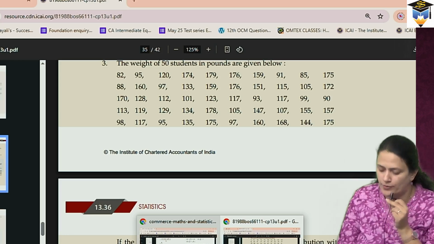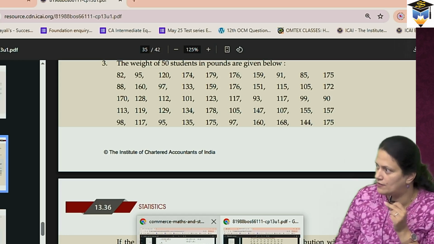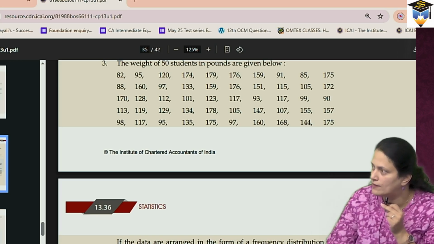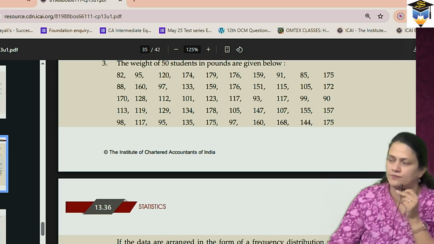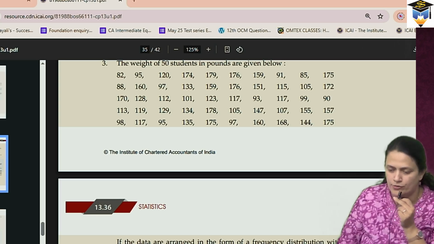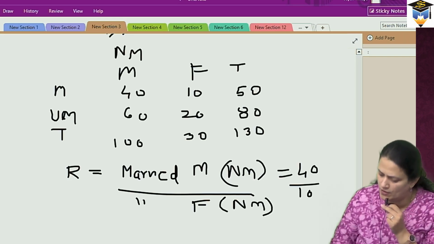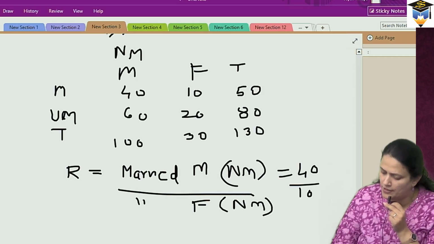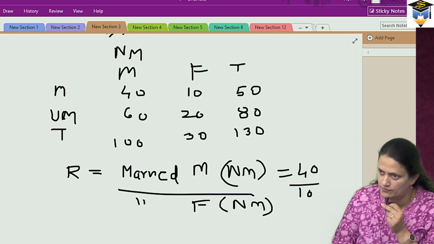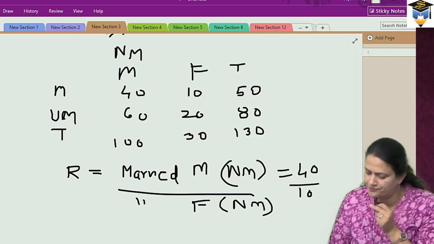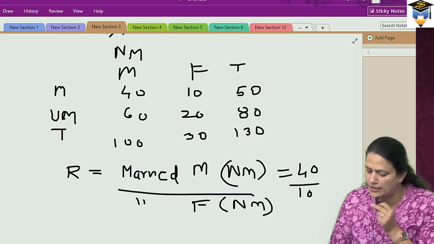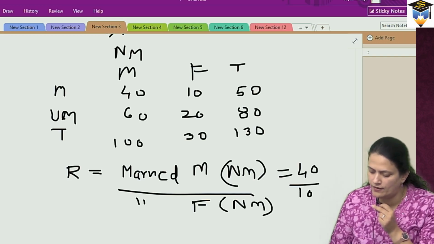Tell me what needs to be done. Who will tell me? Harshavardhan? Can you tell me? Or Priya, Bhavna, anyone? How will you form the frequency table?